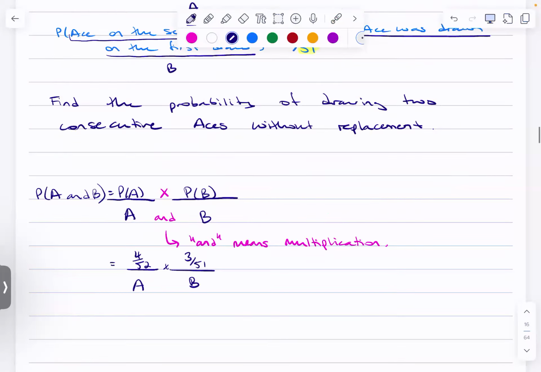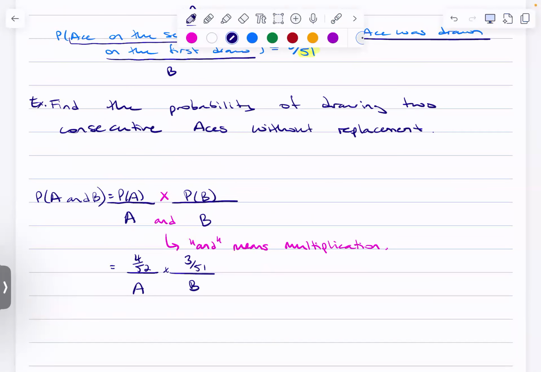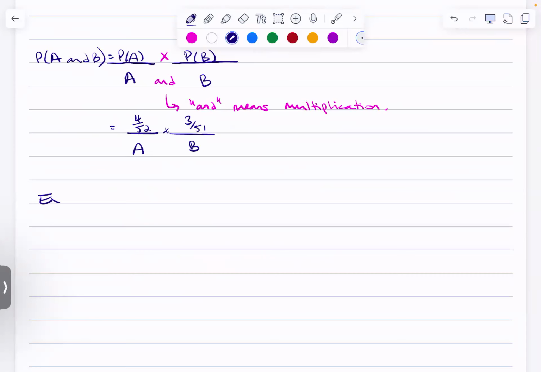What if we did another, that's what I wanted to throw in here. What if I wanted to find the probability of some independent events? Find the probability of rolling 3 2s in a row.